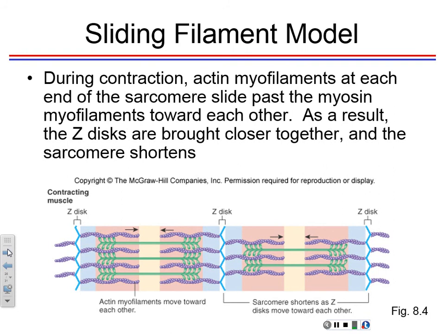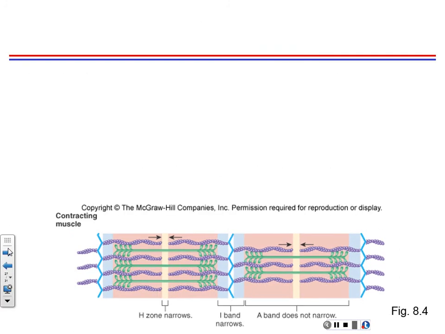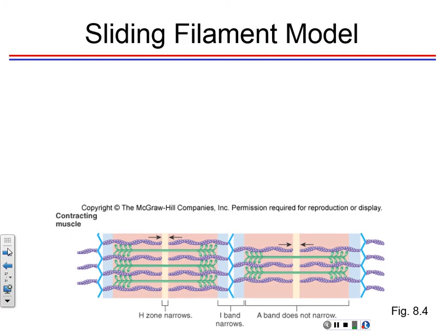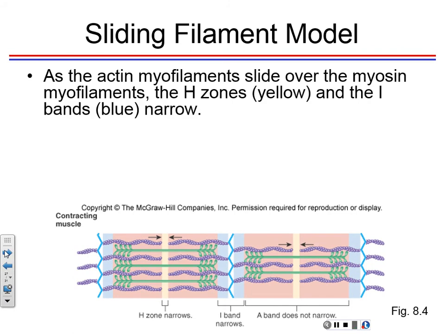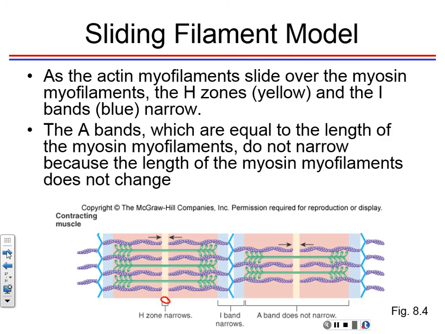So this is pretty much it. Sliding filament model, and here we are almost fully contracted, and you can see how the H zone is very small now. And the myosin is still the same length. Myosin is anchored in place, so the A bands remain the same length, don't change.